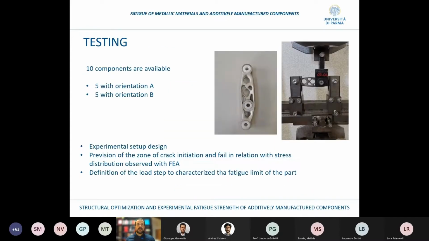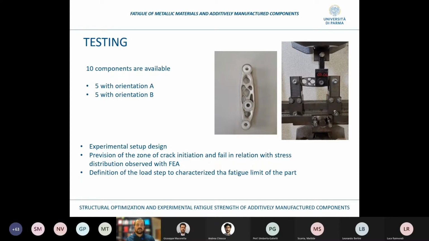Then the last step is running now, and we started the first step on Tuesday. Actually, we designed the experimental setup, and using finite element analysis, we tried to forecast the location of the crack initiation and the location where the crack will occur.